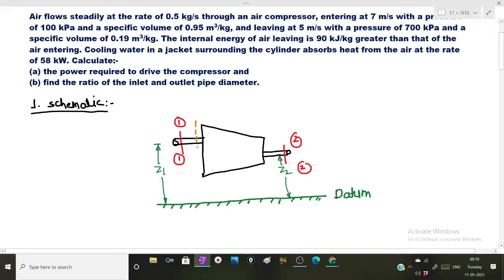Let's say the control volume of this compressor is bounded by the control surface CS. So this will represent the control surface, and the volume inside this control surface will represent the control volume.